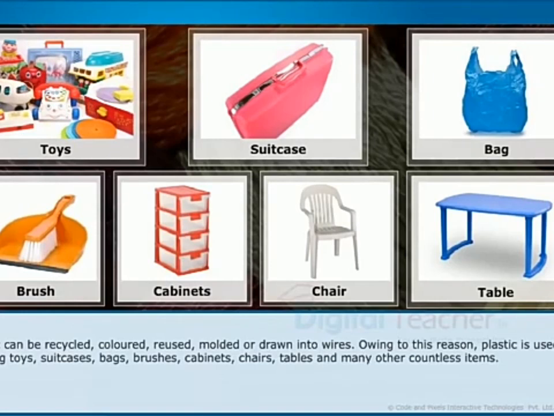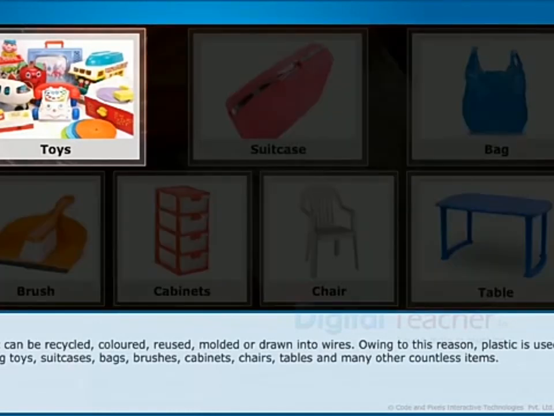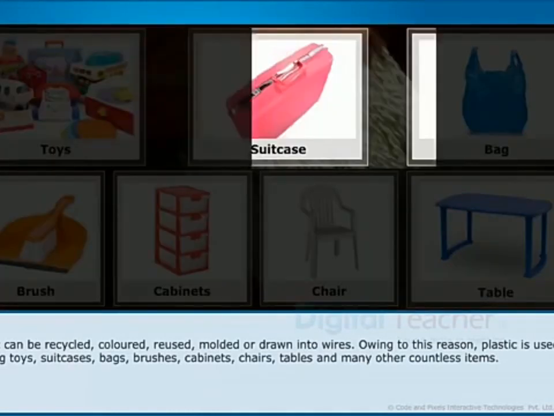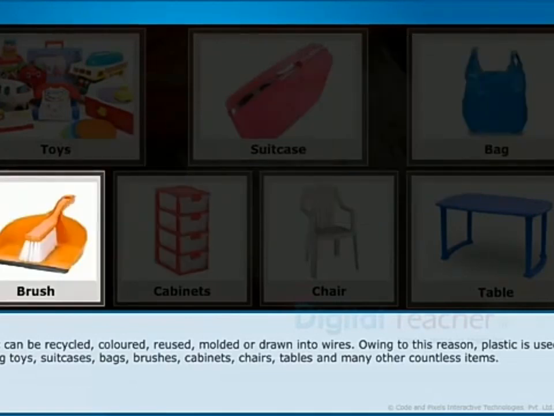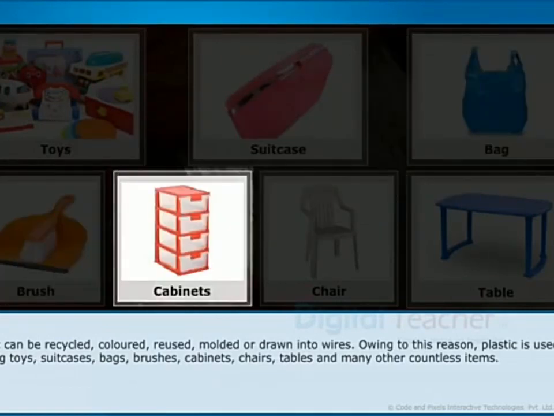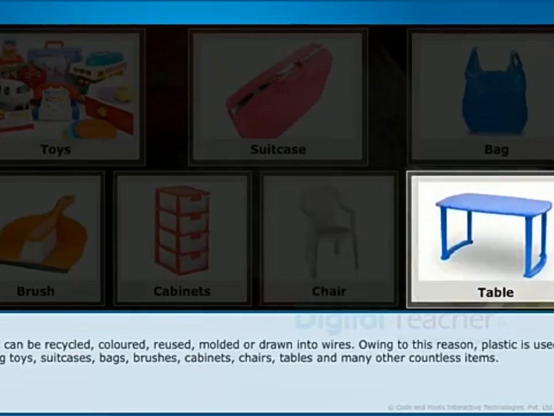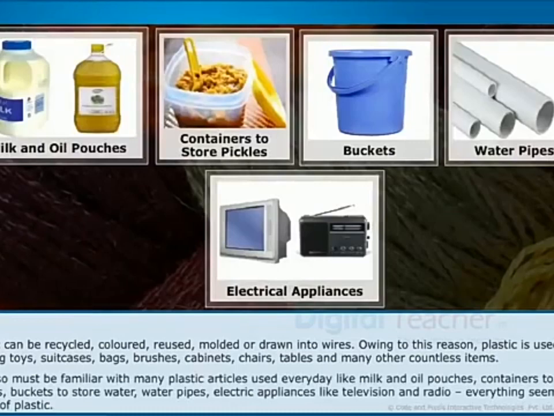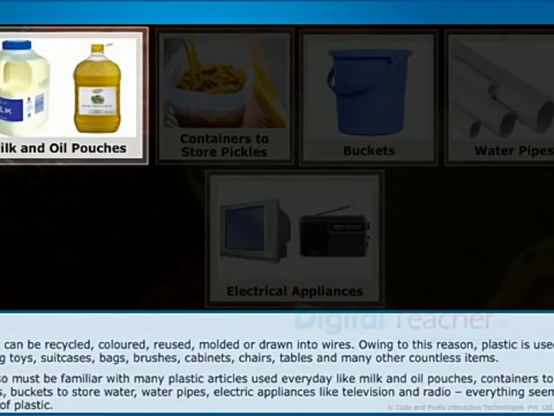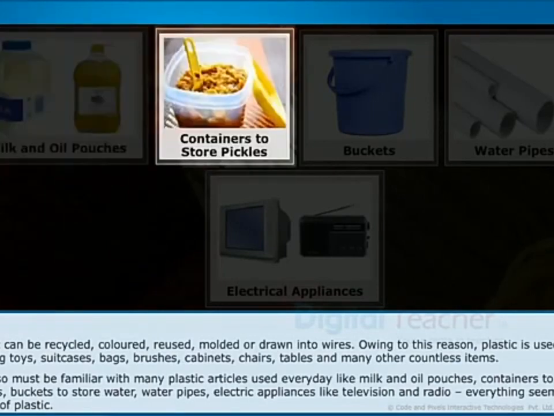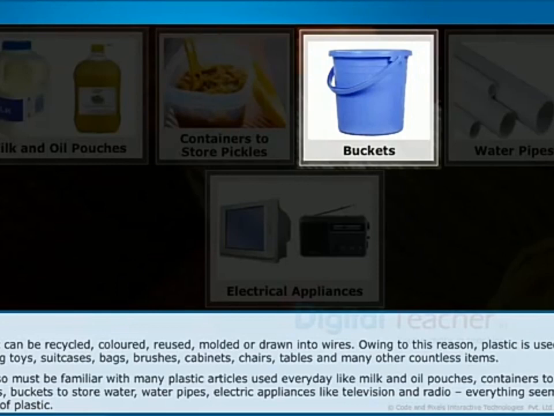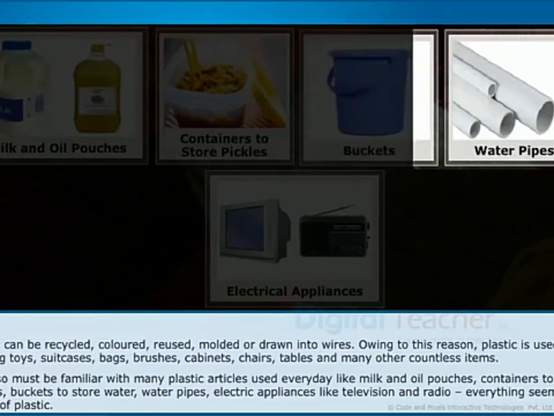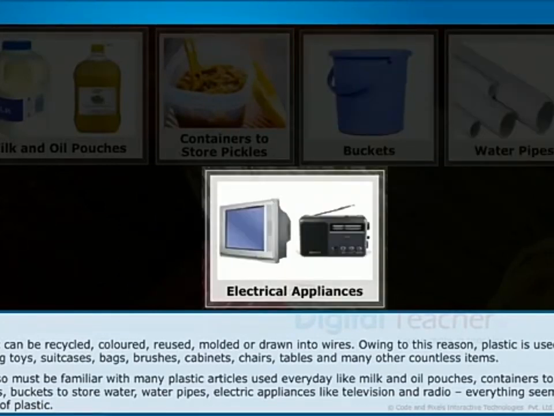Owing to this reason, plastic is used in making toys, suitcases, bags, brushes, cabinets, chairs, tables, and many other countless items. We must also be familiar with many plastic articles used every day, like milk and oil pouches, containers to store pickles, buckets to store water, water pipes, and electric appliances like television and radio.